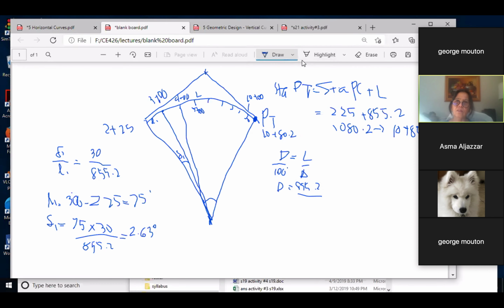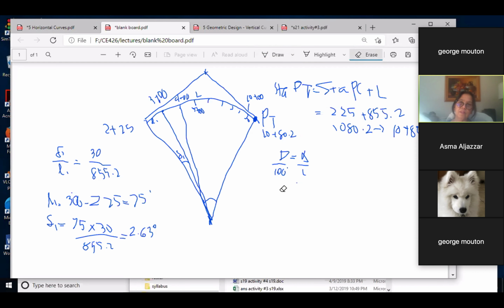I think I did it wrong. Delta over L. So we know delta, we know L, and we multiply that by 100, and you get how much? So that's one way.